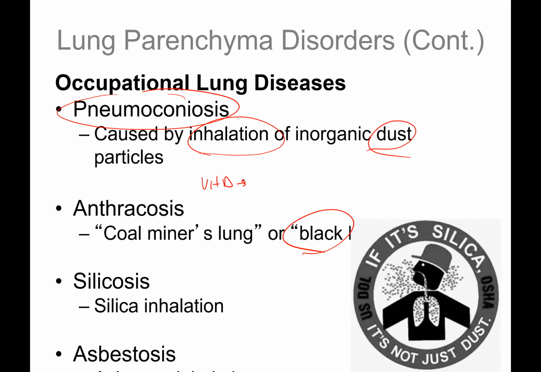He started out by wanting to help miners and other people that worked in some sort of digging. Miners would be the best way of just describing it, because of the lung disease that they can get. Now, the so-called coal miner's lung, anthracosis.